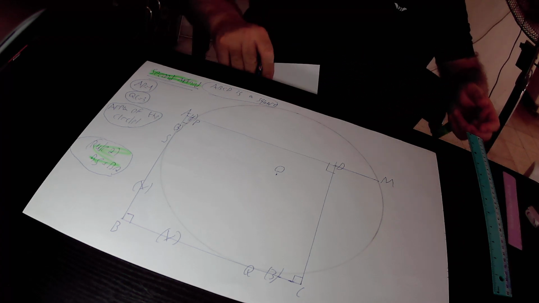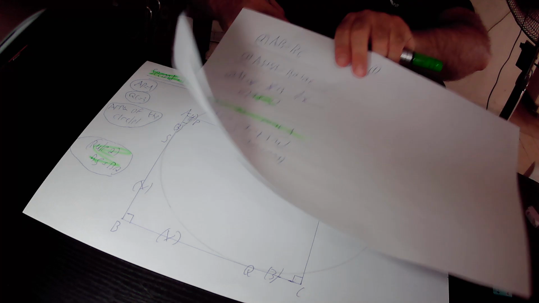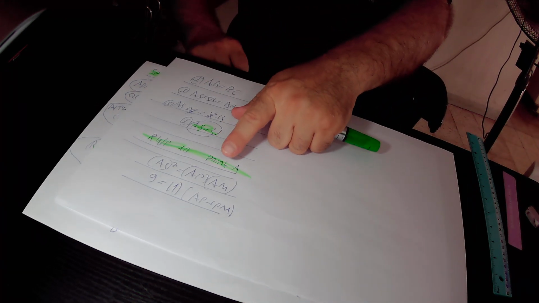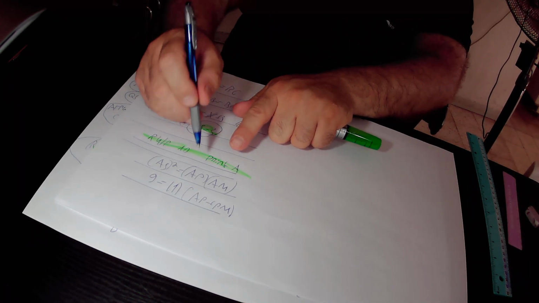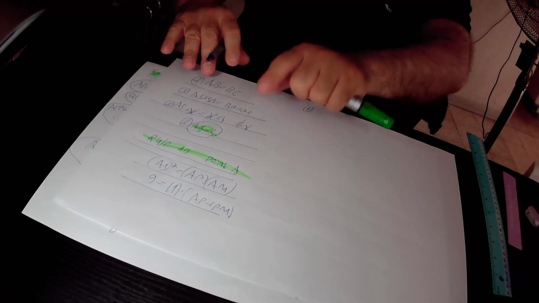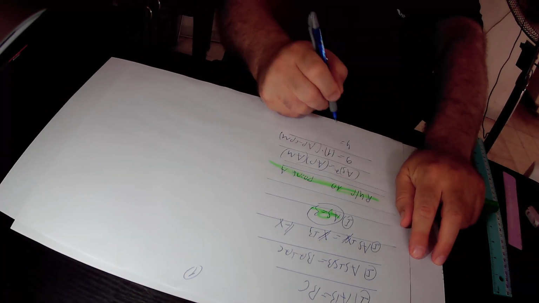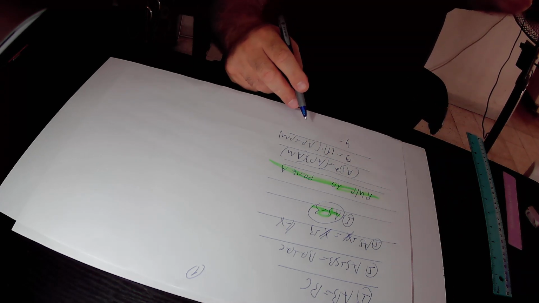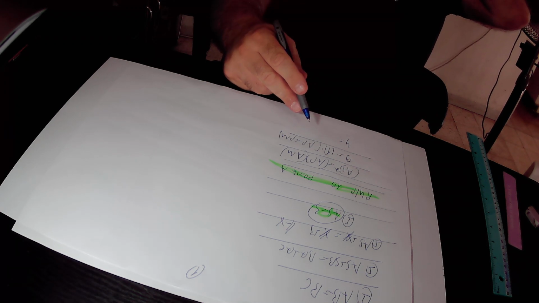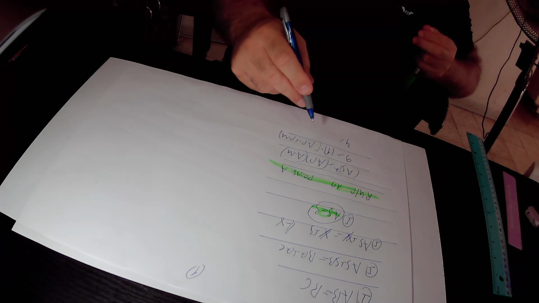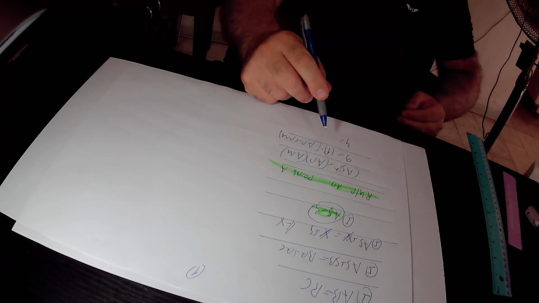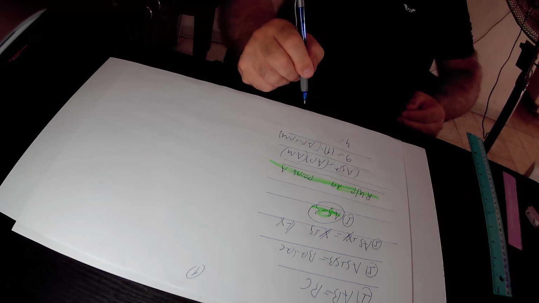So according to rule 10, in total we found out that 9 equals 1 times AP plus PM. 1 times any number is the same number, so we can ignore 1 here, because when we multiply anything by 1, it will not change the value of the expression. So 9 equals AP plus PM.